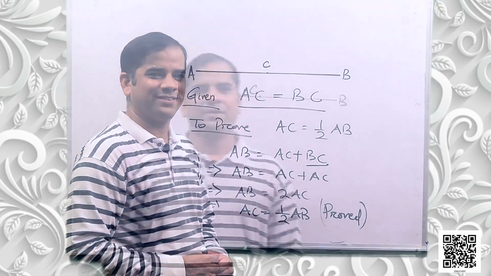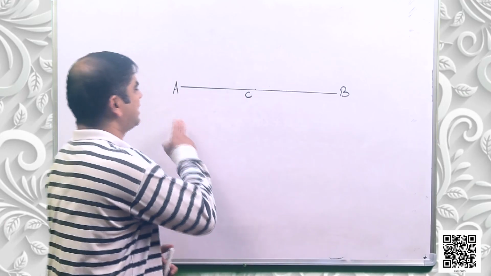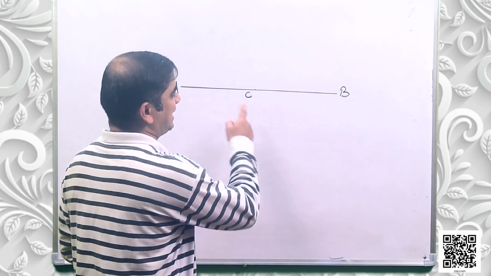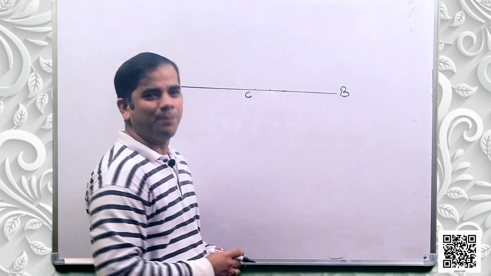Clear? Students, let us discuss question number 5. It says in question number 4, point C is called a midpoint of line segment AB. Prove that every line segment has one and only one midpoint. Okay, let us do it. So, this is line segment AB and C is the midpoint, that means AC is equal to BC.